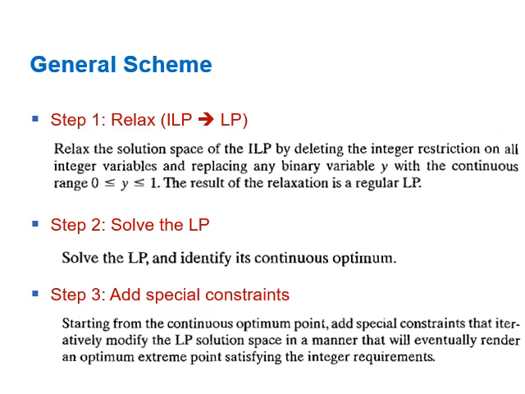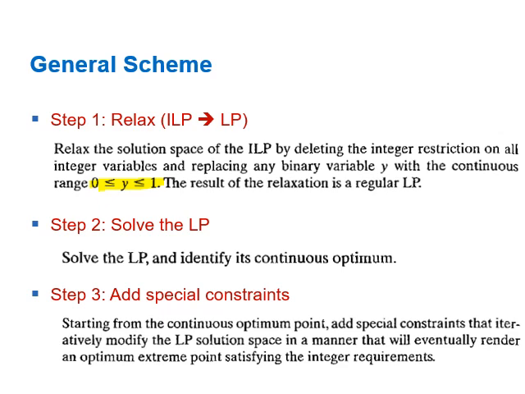In solving these integer programming formulations, the most widely used relaxation is the LP relaxation. So what do we do? We take every integer restricted variable and relax it. If it's a binary variable, for example, if y is a binary decision variable, we can replace it with y being between 0 and 1.